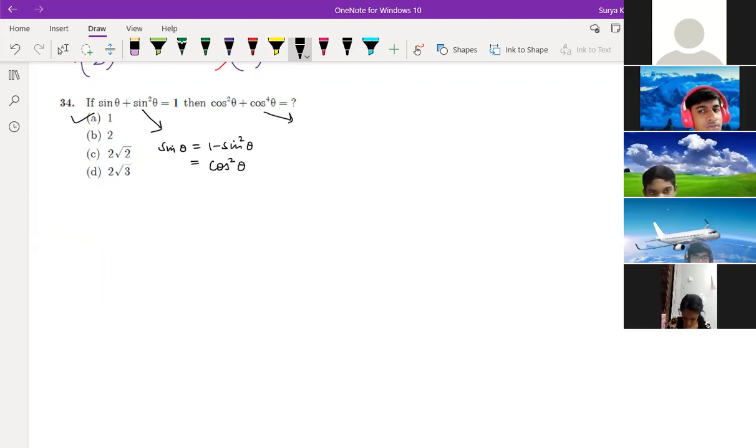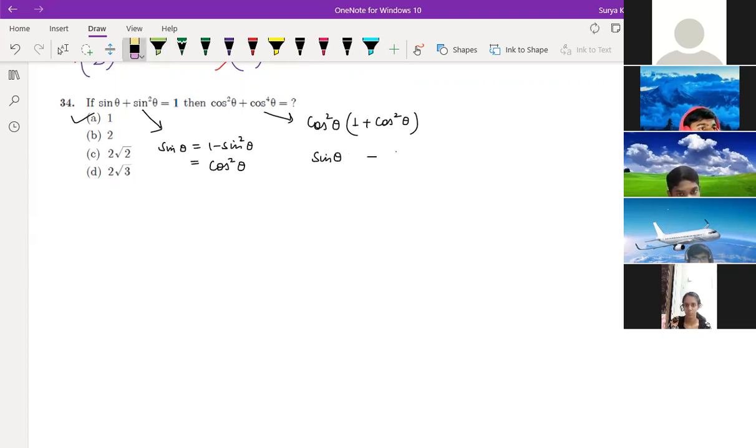Now what can we write from here? Cos square theta common, and 1 plus what can we write? Cos square theta, correct? So cos square theta we can write as sin theta, and 1 plus cos square theta, what can we write? Sin theta again. How are we getting 1?